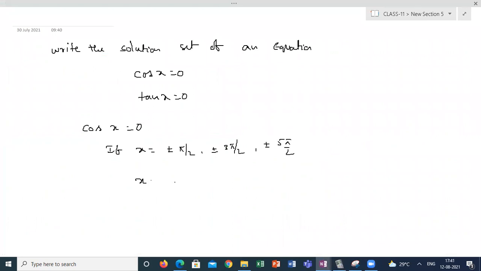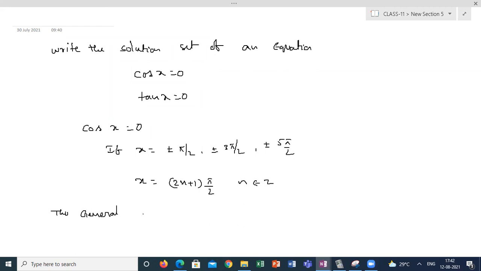So how can we write x is equal to (2n plus 1) pi by 2, where n belongs to an integer. This is a general solution of cos x is equal to 0. Am I right or wrong, guys? Yes, sir. These general solutions we can consider as standard statements.